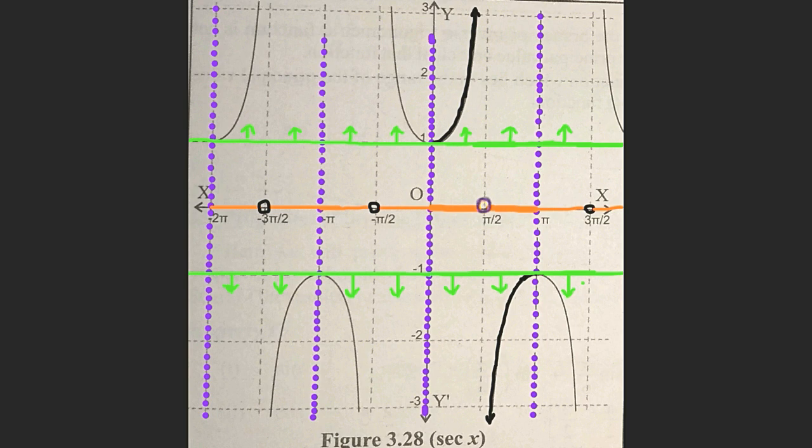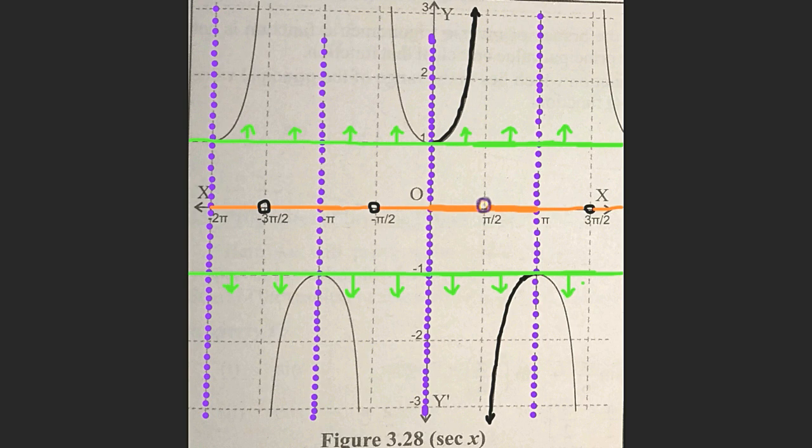The numbers associated with the orange colored portion give us the domain of this secant function. Therefore, it is the set of all real numbers except the odd integral multiples of angle pi by 2, which are nothing but pi by 2, 3 pi by 2, minus pi by 2, minus 3 pi by 2, etc., as shown in the figure by hollow black circles.